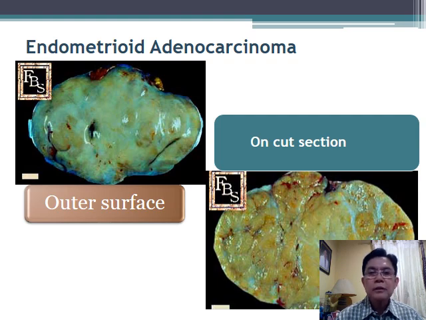They usually occur in women in their 40s and 50s. They may be seen in conjunction with endometriosis and other ovarian neoplasms. Most endometrioid ovarian neoplasms are carcinomas and may arise from the surface epithelium of the ovary, and they are usually multiloculated.